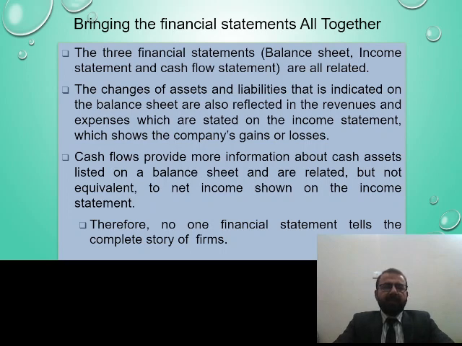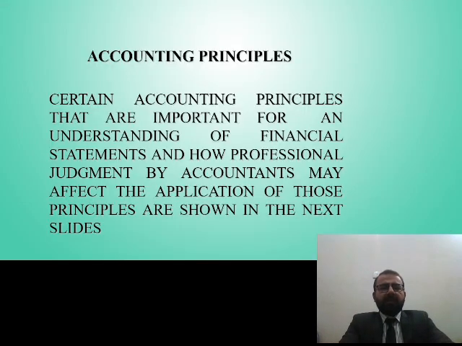Cash flows provide more information about cash assets listed on a balance sheet and are related, but not equivalent, to net income shown on the income statement. Therefore, no one financial statement tells the complete story of firms.